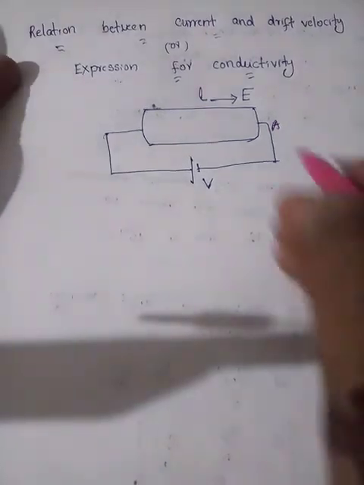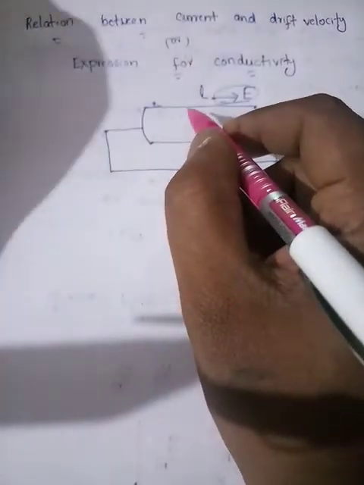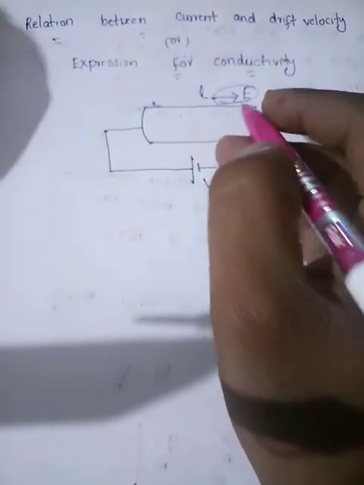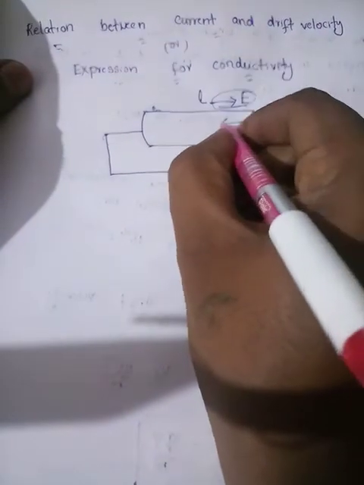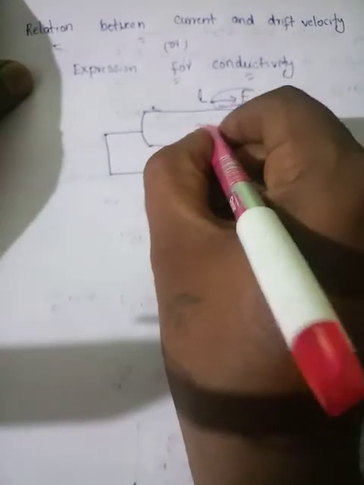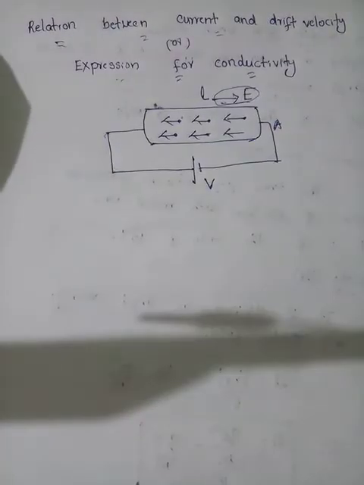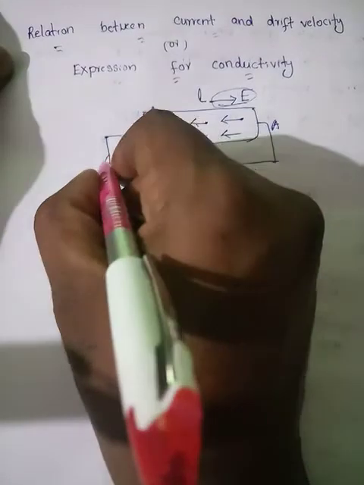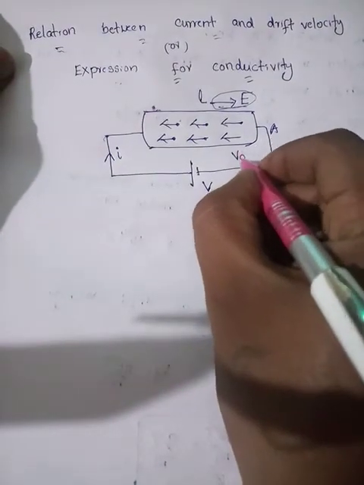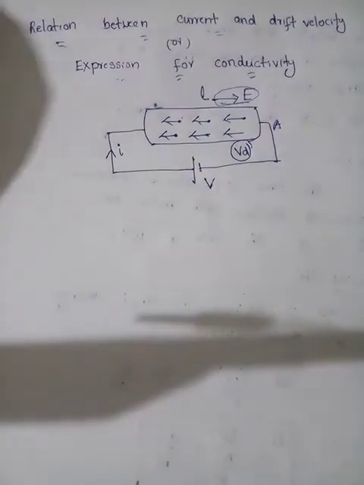Metal ions are there, which we are ignoring and not representing here, but what happens finally? The electrons in this conductor gain one direction, that is, they tend to move from negative to positive, thereby inducing some current. So let us assume that the drift velocity of these electrons is v d.